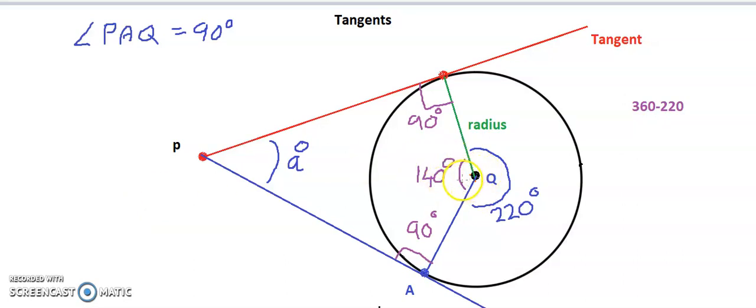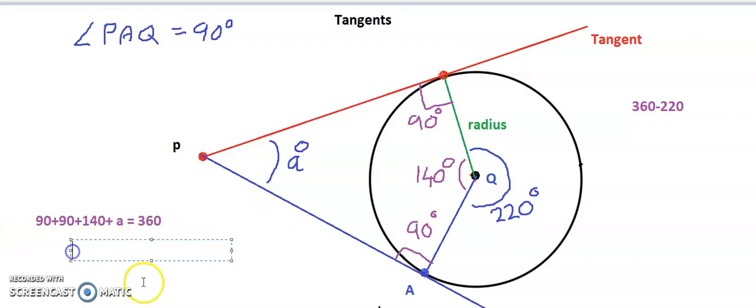So now I am able to work this angle out here, which is A. My angle A has to be part of the relationship that is adding up to 360. So far I've got 90 degrees plus 90 degrees plus 140 degrees plus A, and I know it is going to add up to 360 degrees.